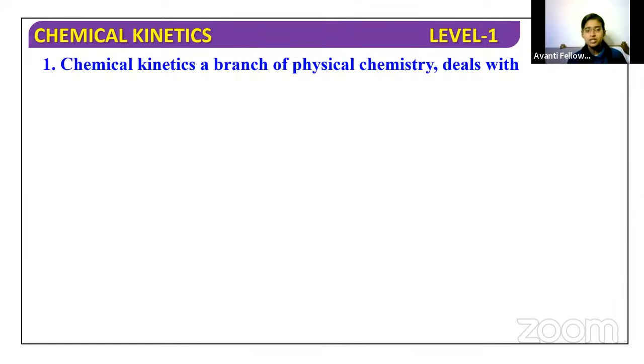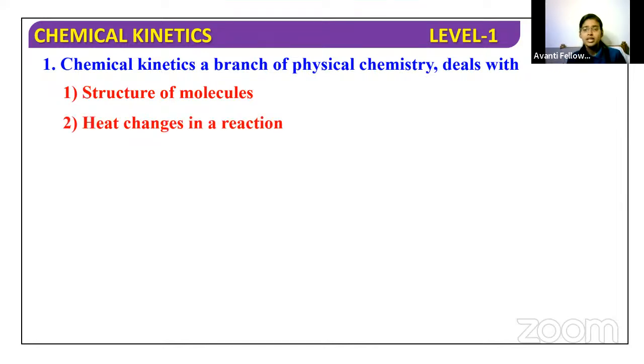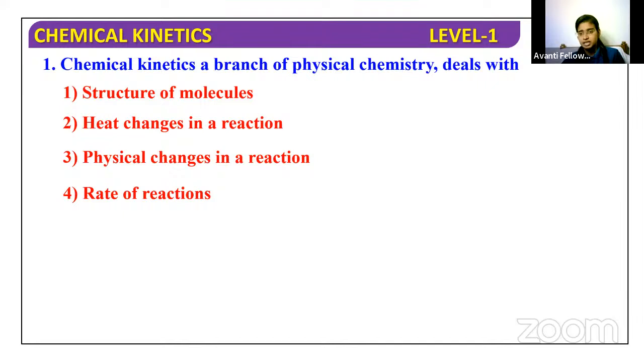The first question is: chemical kinetics is a branch of physical chemistry which deals with option 1, structure of molecules; option 2, heat changes in a reaction; option 3, physical changes in a reaction; option 4, rate of the reaction.